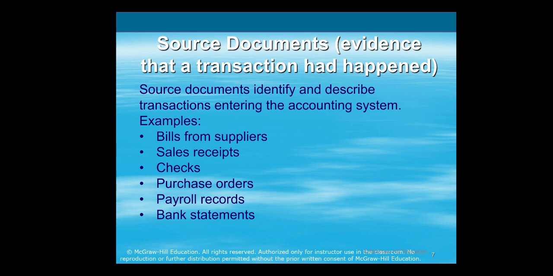Okay, so there are many types of source documents. Here are 6 examples. Bills from suppliers. If you have a business and you purchase something from a supplier on credit, the supplier will send a bill. You will pay later. But if you purchase in cash, you will get a receipt. And then checks.